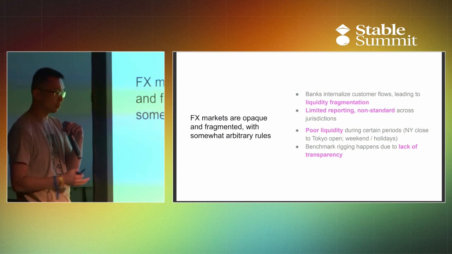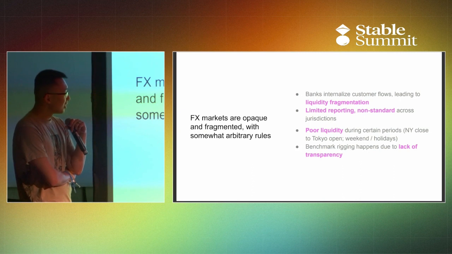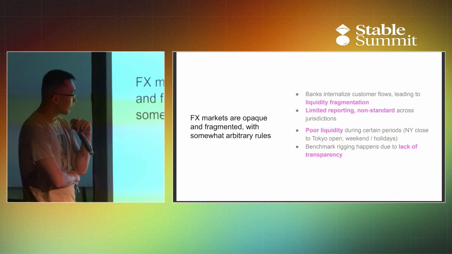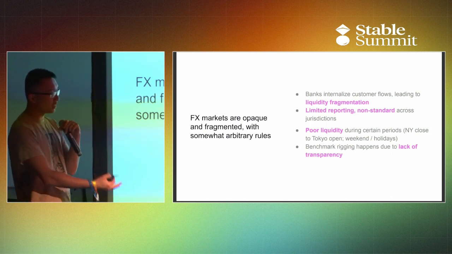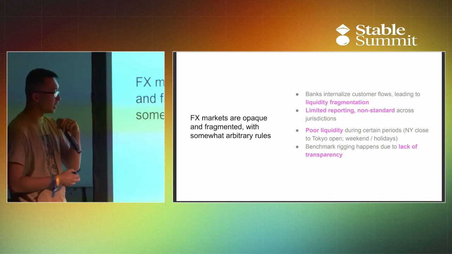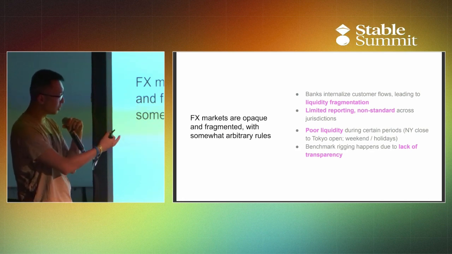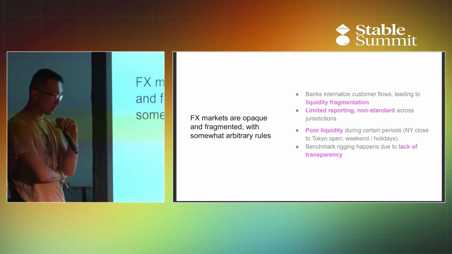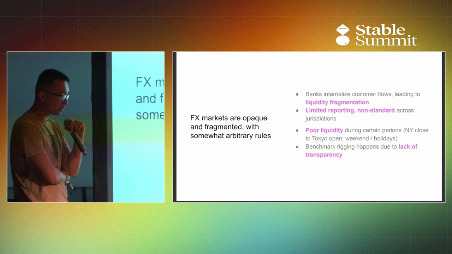China has a rule. China doesn't even have free-flowing FX, but the US has a rule, Europe has a rule. The liquidity drastically goes down during the weekend, basically. From New York close to Tokyo open, and during holidays and weekends, there's very little liquidity compared to the weekdays.